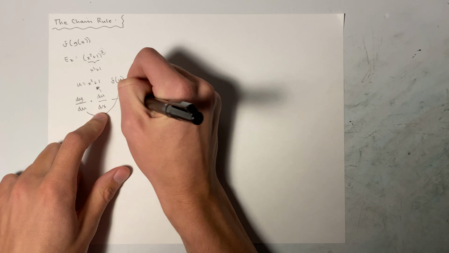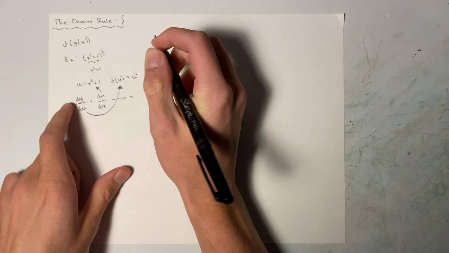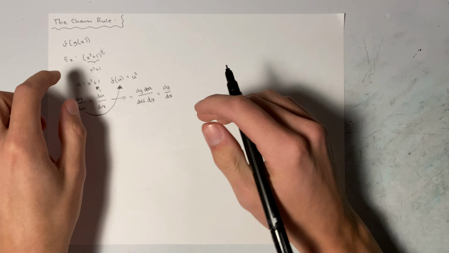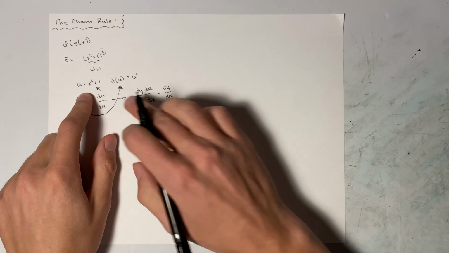And when we multiply this out together, we're going to get dy/du over du/dx. The du's cancel out, and we're just left with the derivative of y with respect to x. So we're able to get the derivative of the whole function. However, to do so, it requires us finding the derivative of u and the derivative of f of u.